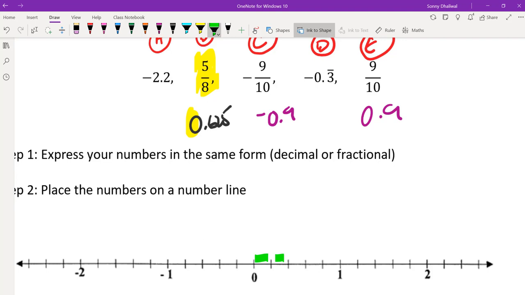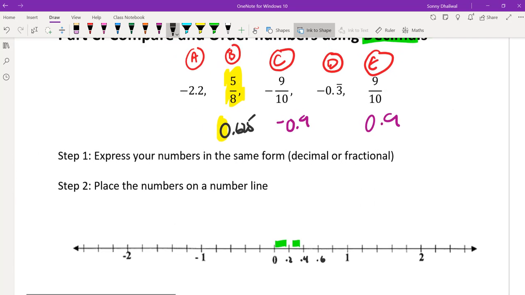If that's a 1 over here, what is this line worth? 0.2. If this was 2, that'd be 4, 6, 8, 10 right there. It's 1, so this is 0.2, this is 0.4, this is 0.6. In the other direction, it'll be negatives.